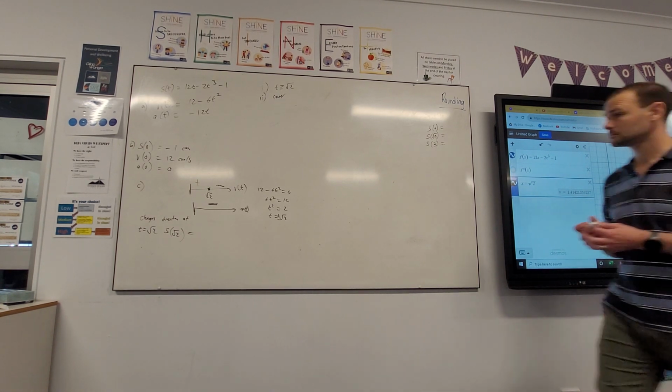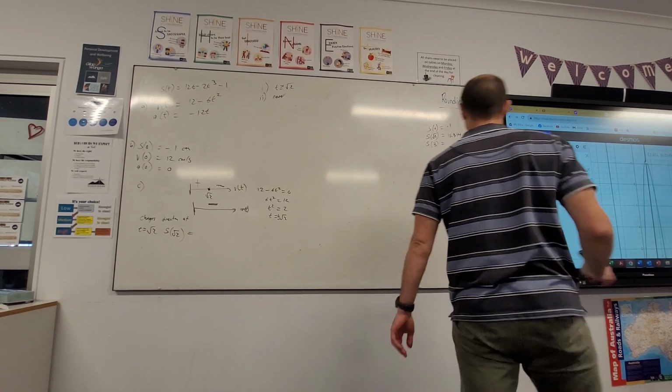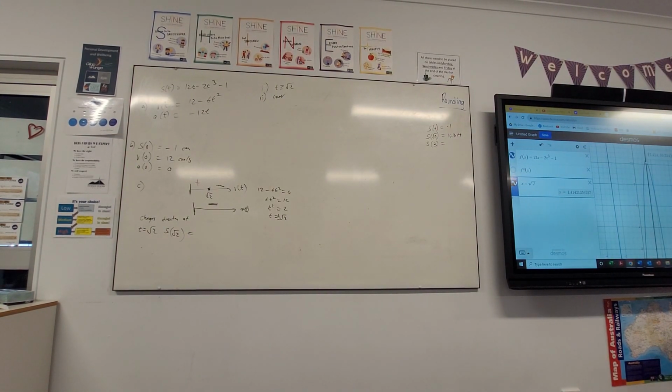That gives 10.314. And then x is positive 3, the intersection, minus 19.